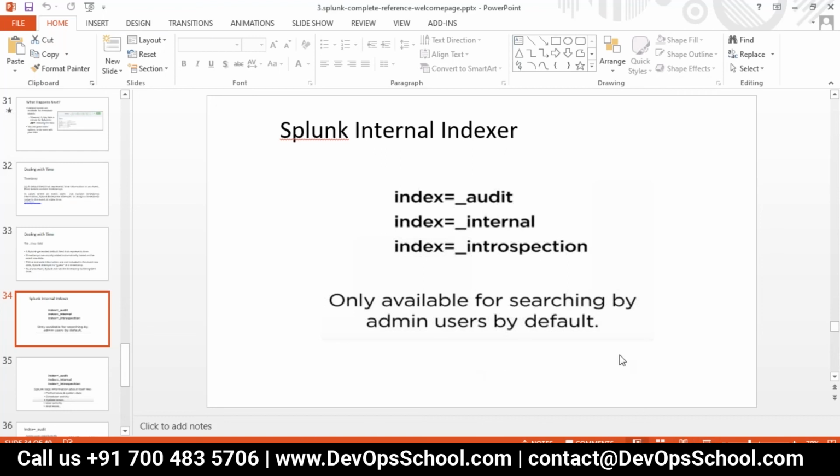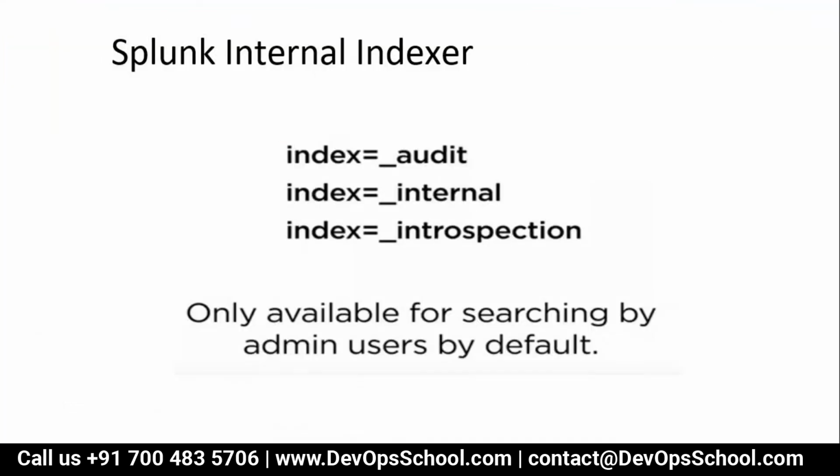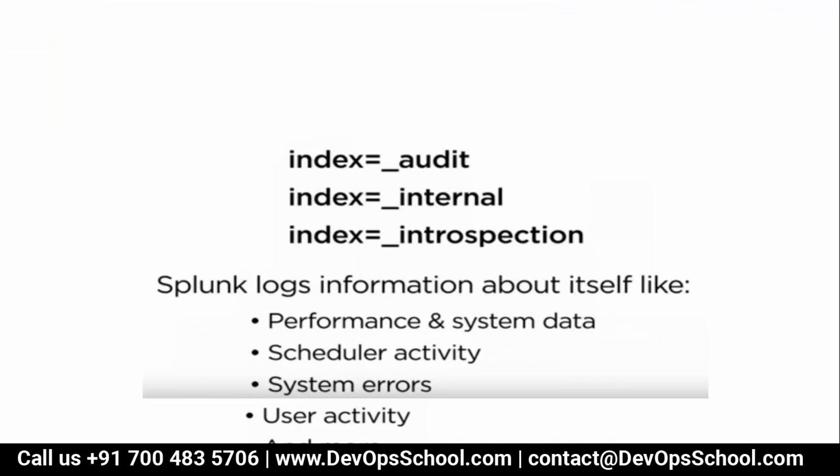So now guys, let's move on. Here Splunk logs information about itself, the one I explained to you. In these three indexes, you will find the performance and system data for Splunk, scheduler and activity of Splunk, some system errors if you have any, user activity, alerts and things like that.